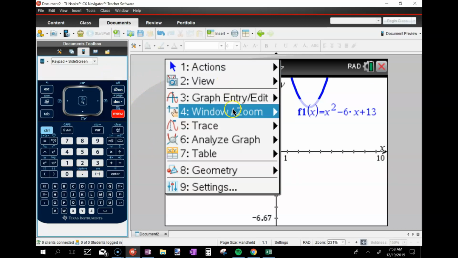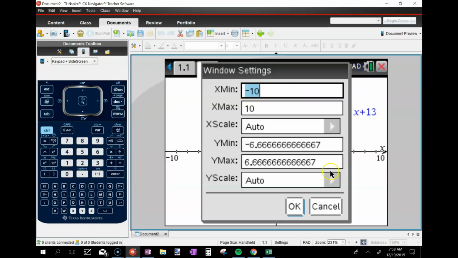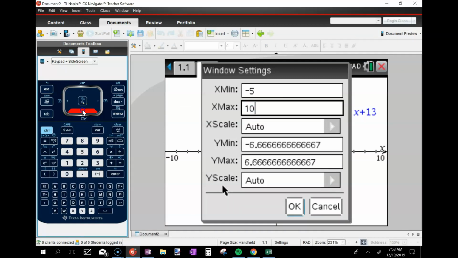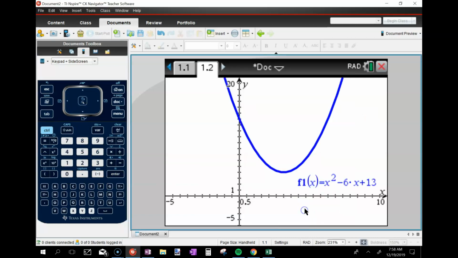Menu, there's your window and your window settings. So they tell me to use the window settings here. So that's the window settings I wanted to have.